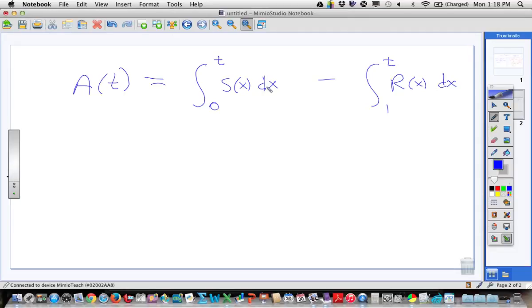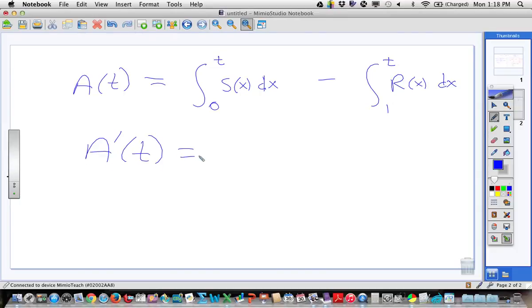Now, where will this amount be a max? Yeah, when is big A a max? When A prime is 0, right? Or undefined, but we won't get into that for this one.